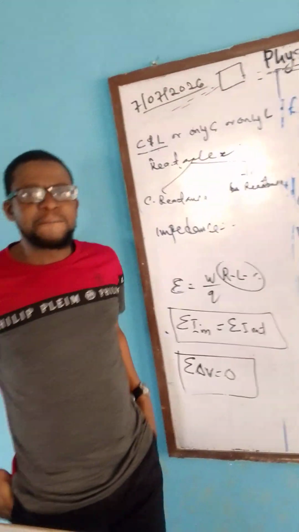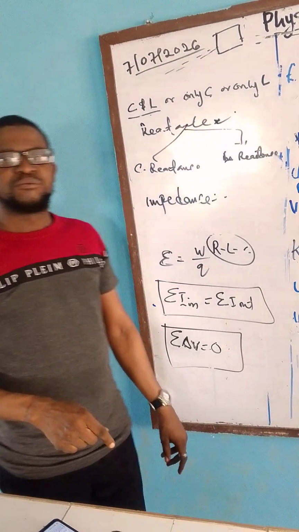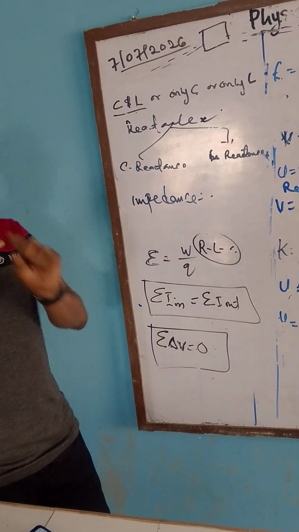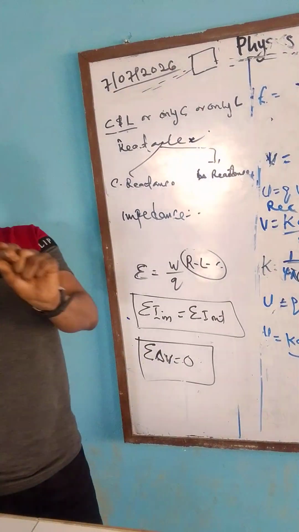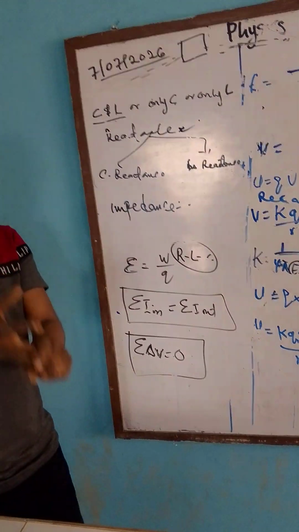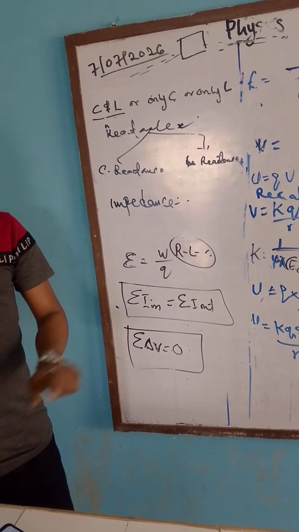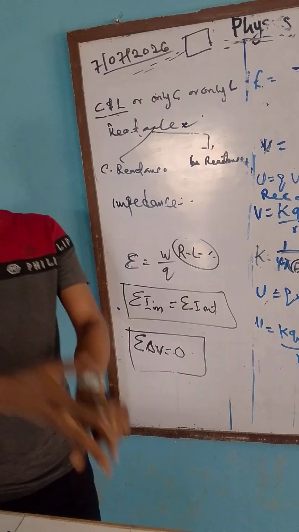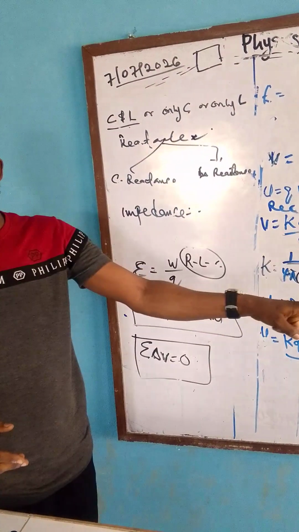It is offered by the resistor, inductor, and capacitor, the three. Or the resistor and any one of them: resistor and inductor, or resistor and capacitor, or resistor with both of them.